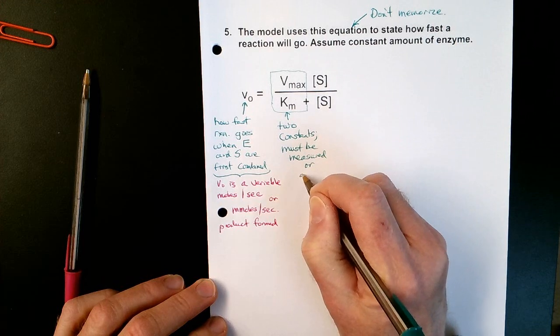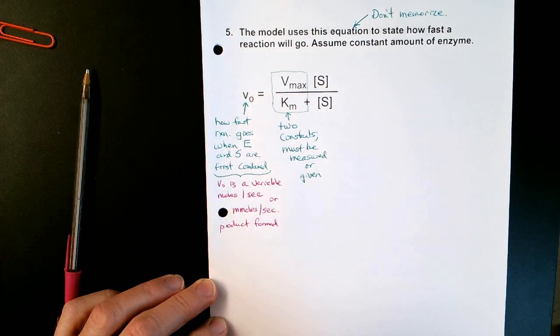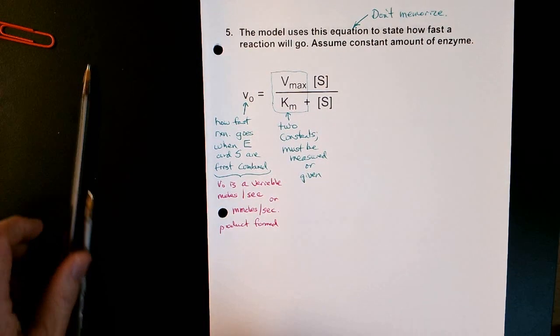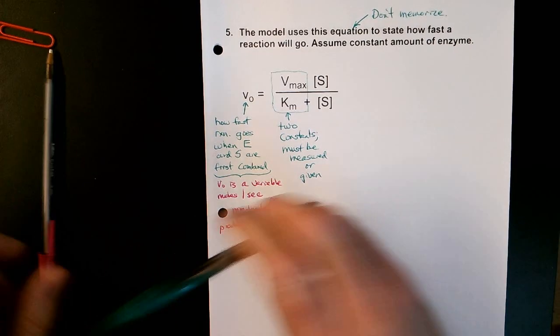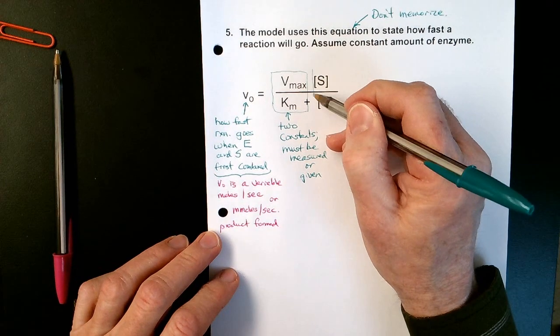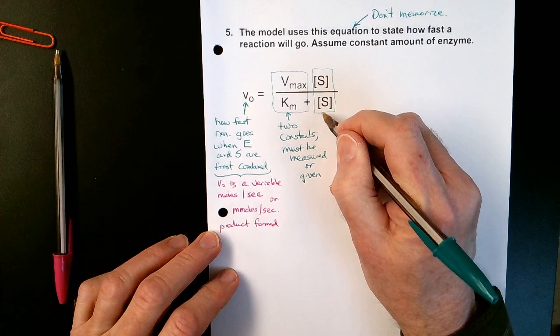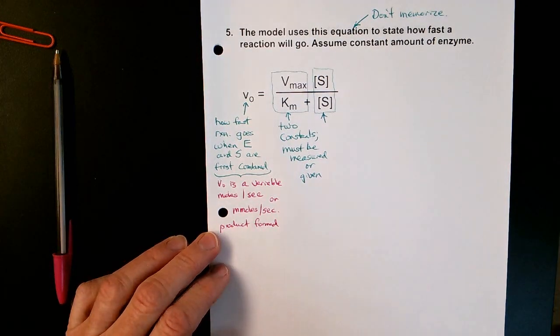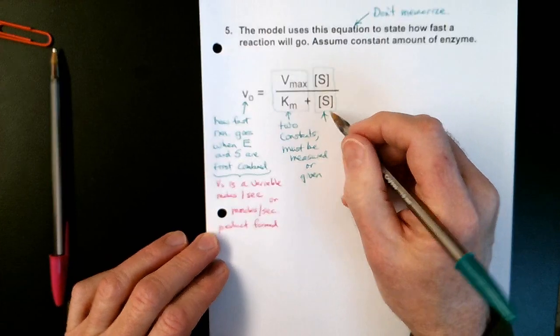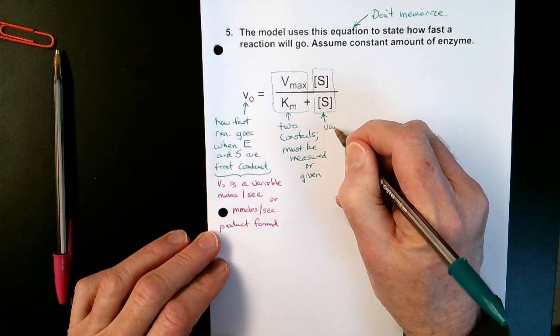Either measured or given to you. And then we're back to something you recognize. S in brackets. Now that just means the molar concentration of substrate. This is variable.